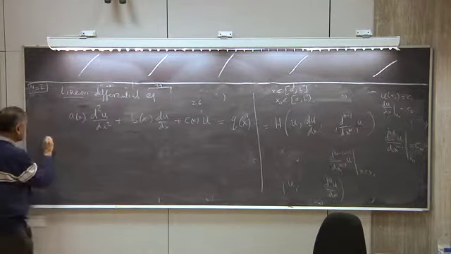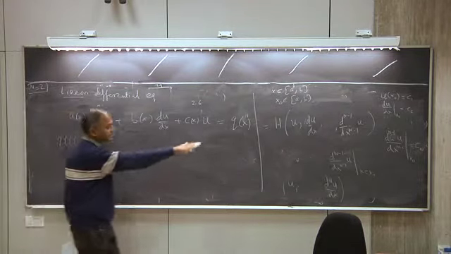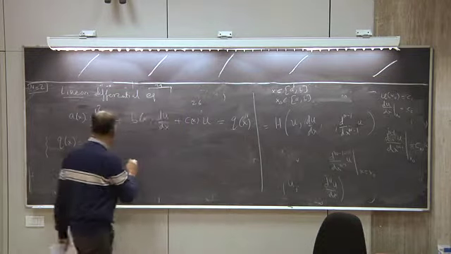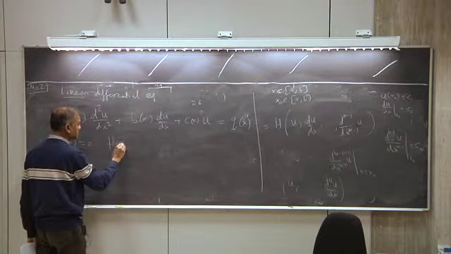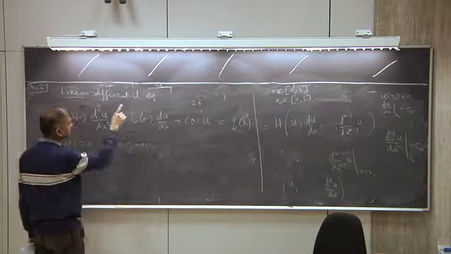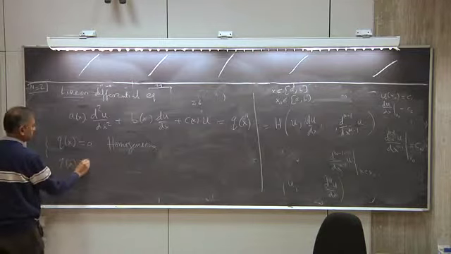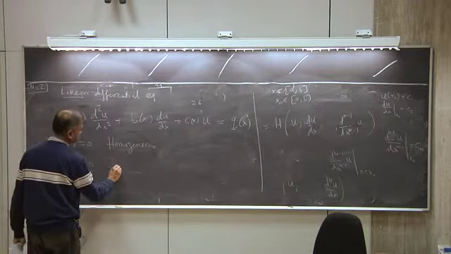But there is a further classification. If q of x is 0, the right hand side is 0, then this is called a homogeneous linear differential equation. And if q of x is not 0, then it's inhomogeneous.